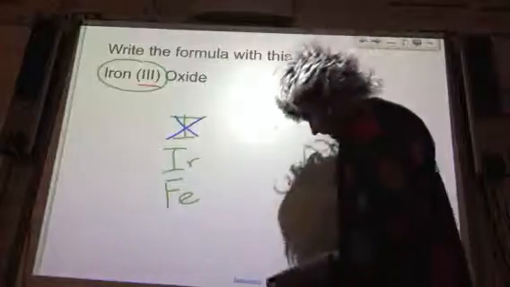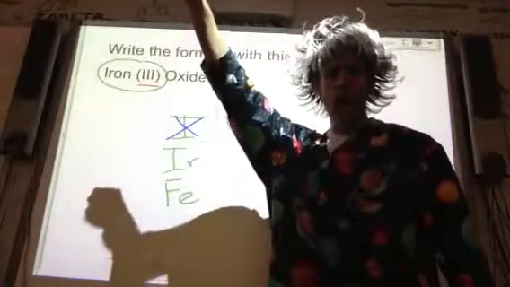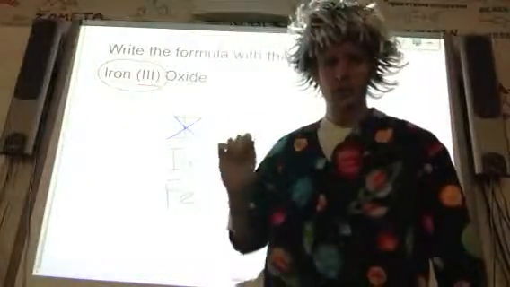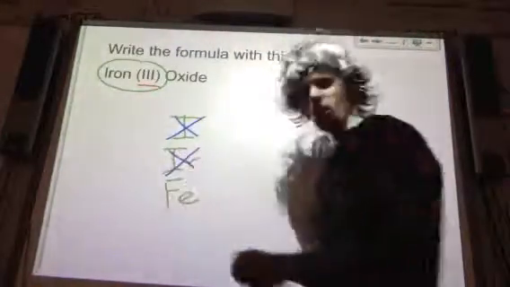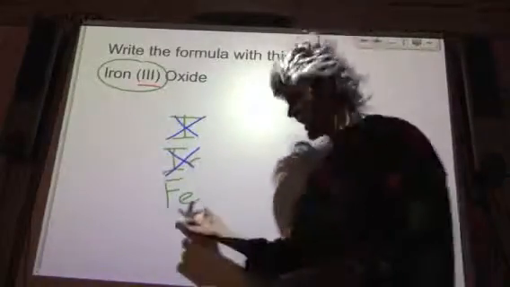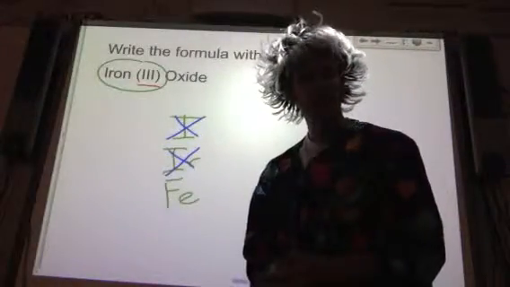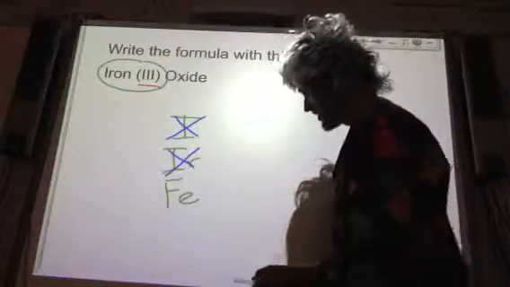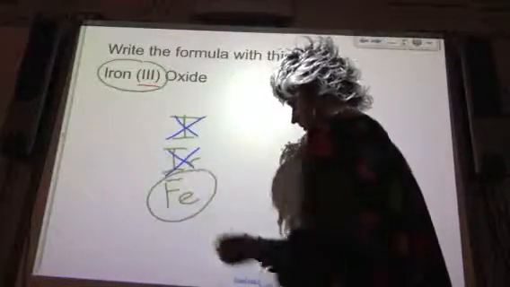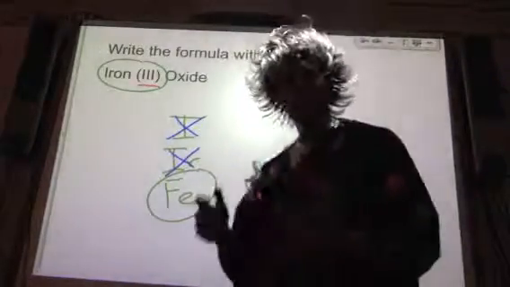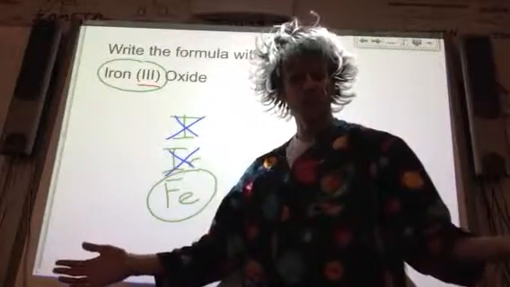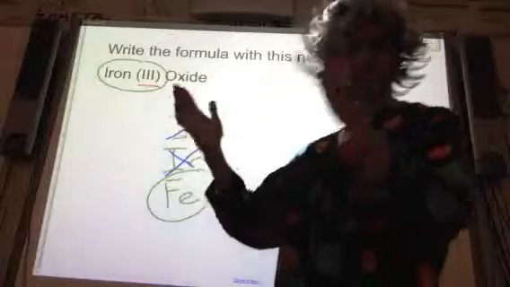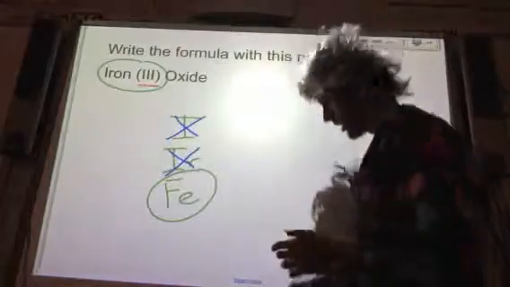Iron. Is it IR? Come on, IR. No, it is not IR. That is iridium. It is Fe. Yes, iron is kind of strange because its symbol is Fe. It stands for ferrous. Ferrous, not Ferris Bueller, but ferrous is a Latin word for iron.